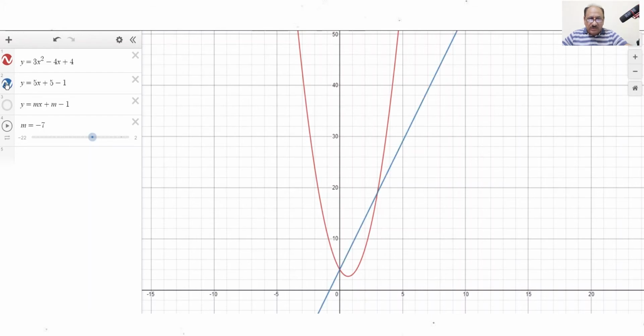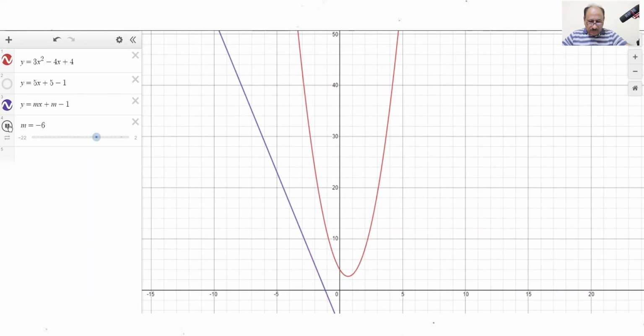And you can see this is having two distinct solutions. So this will be having two distinct solutions if we are moving the line in between 2 and more than 2 and more than minus 21, which is this line which I have rotated and shown you also.